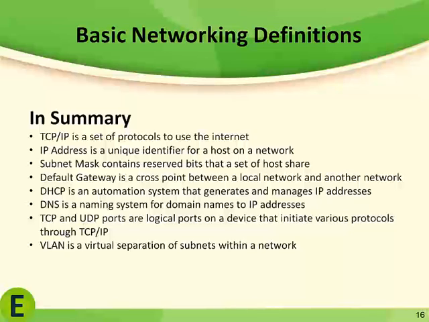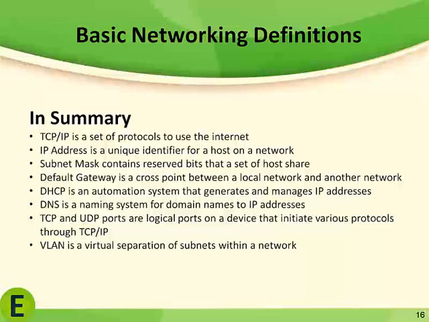In summary, TCP/IP is a set of protocols to use on the Internet. An IP address is a unique identifier for a host on a network. Subnet mask contains reserved bits that a set of hosts share. Default gateway is a cross-point between a local network and another network.